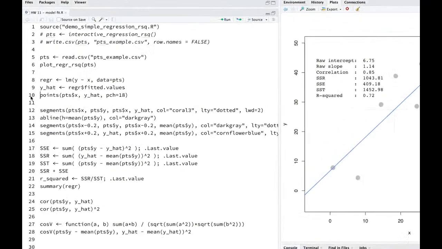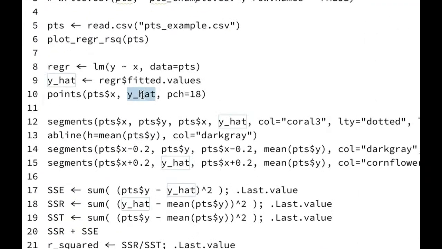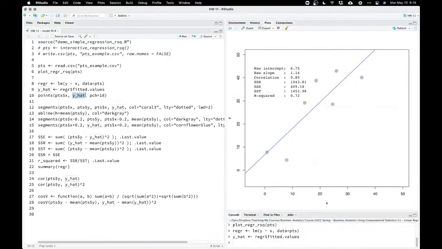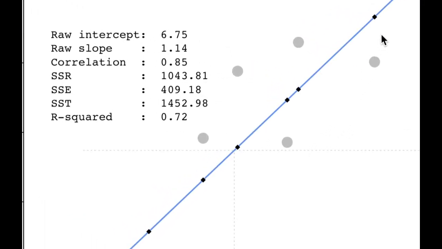We can also ask R, now that you have this Y hat, these estimated values, can we just plot them? For each X value, plot its corresponding Y hat. All right, let's see it. I'm going to do points, and you'll see on my figure now that the Y hats are drawn on the regression line. These are the fitted values.